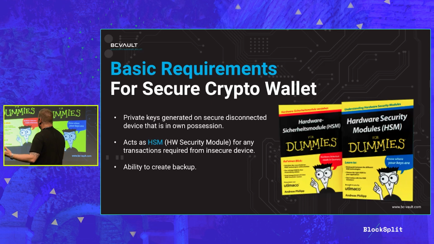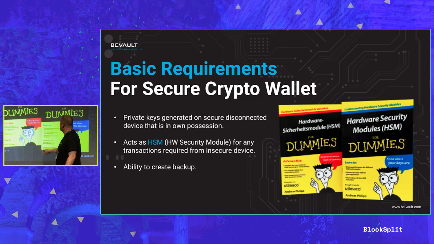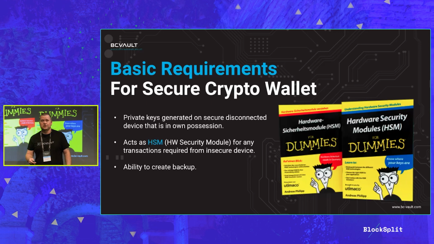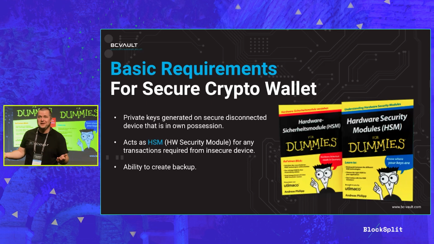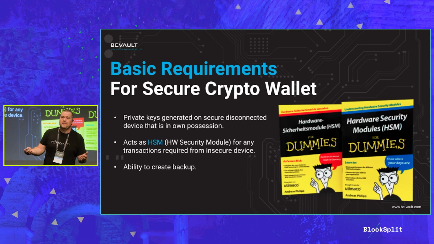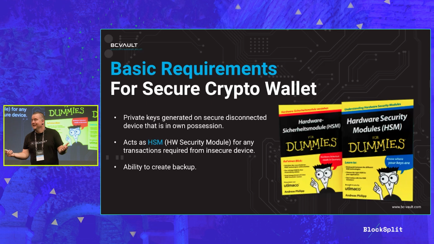And how do we store the private key? It's very simple. You take existing technology called a hardware security module. Banks have used that for 40 years, 50 years. Your country's certificate agency has used HSM for 40 years already.